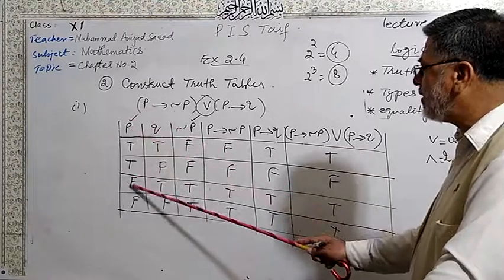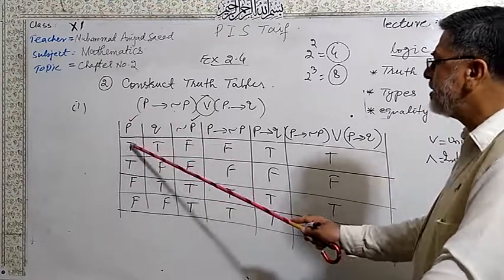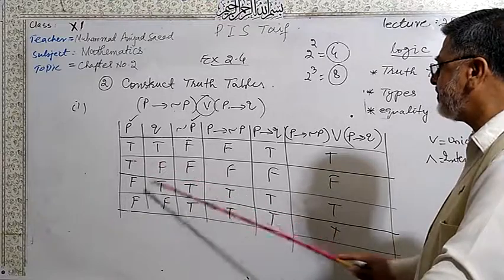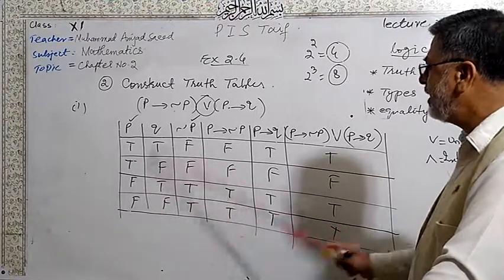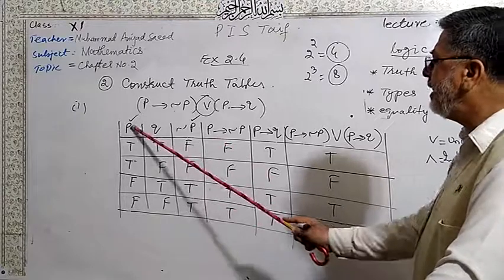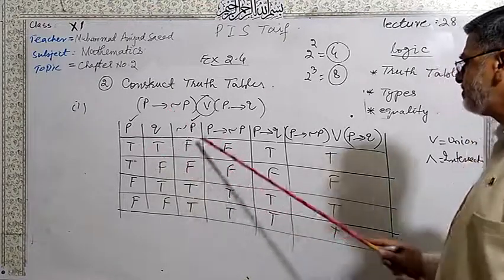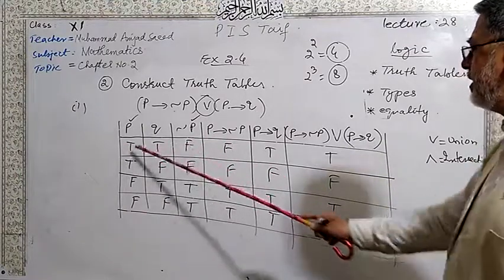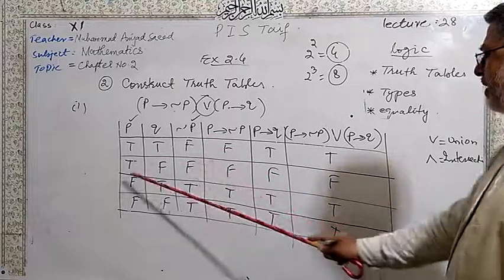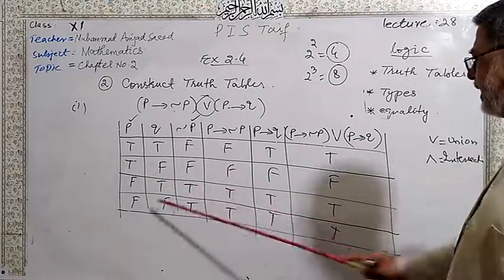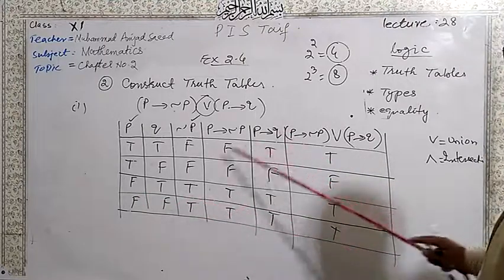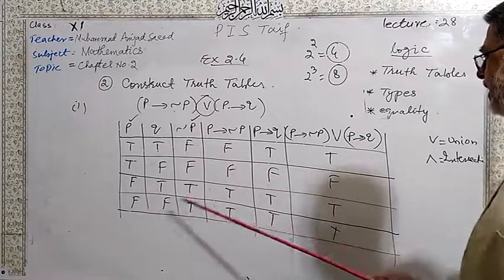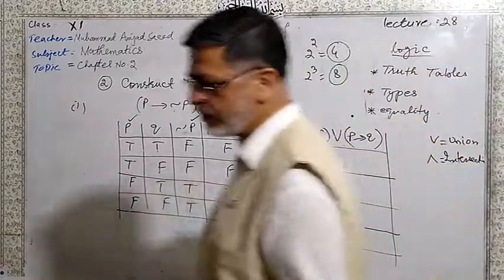And if somebody is not at home, he is outside. So P and not P: T and F, F and T. P to not P: T to F is F. Your friend is not at home, you cannot meet him. T to F is F, F to T, waiting, T. Similarly, P to Q: T to T is T, T to F is F, F to T is T, and F to F is T. So in this way, you have taken this union.